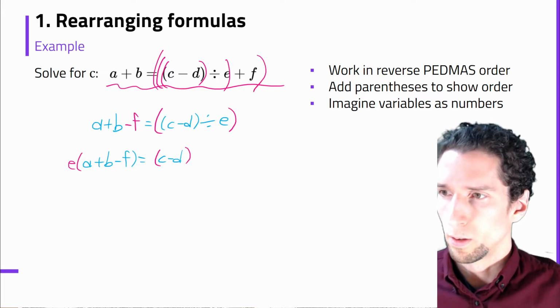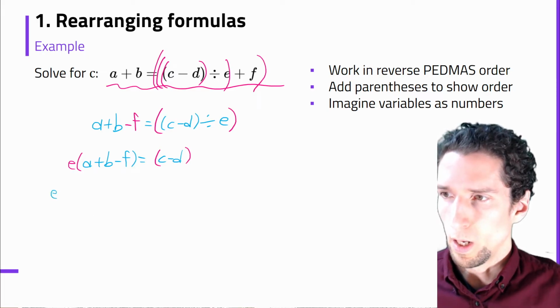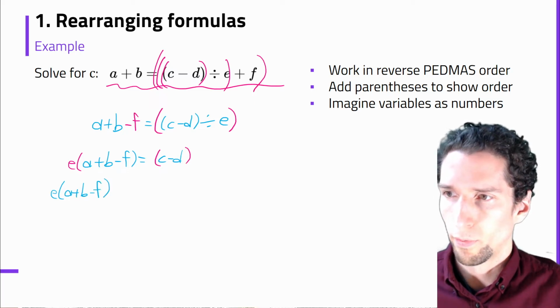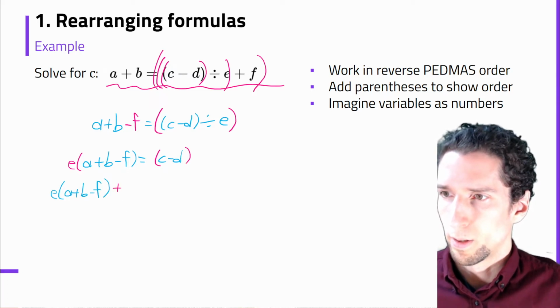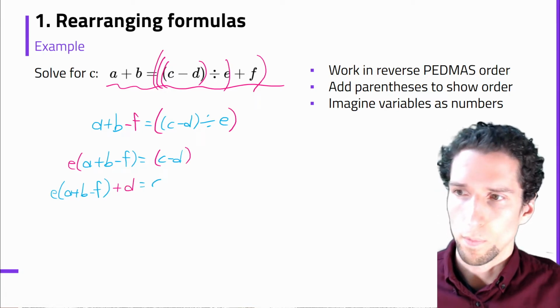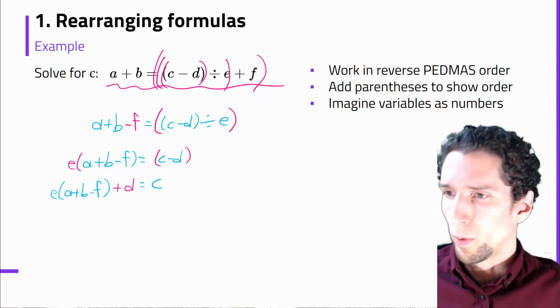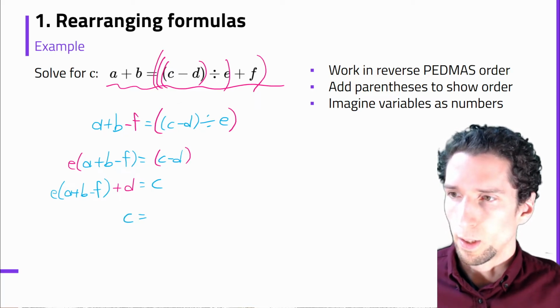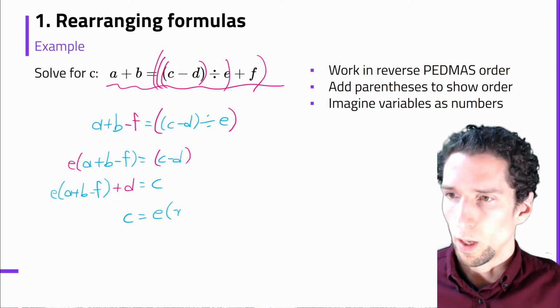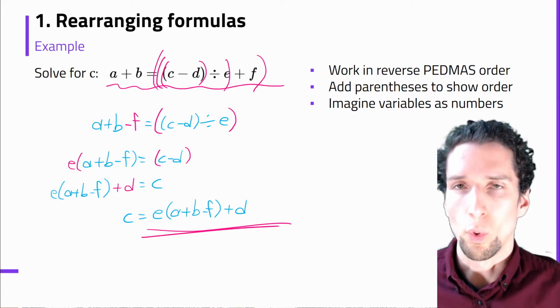So our final thing on the left here will be E times (A plus B minus F) plus D, and that's equal to C here. Okay, so we'll rearrange, put our C on the left side: C equals E(A plus B minus F) plus D. There we have rearranged for C.